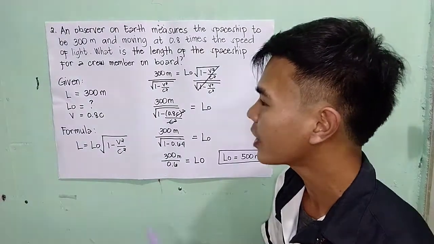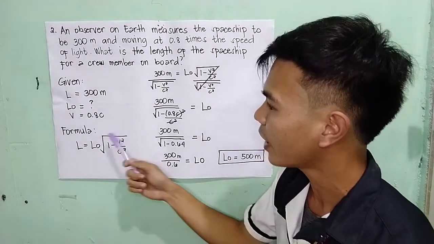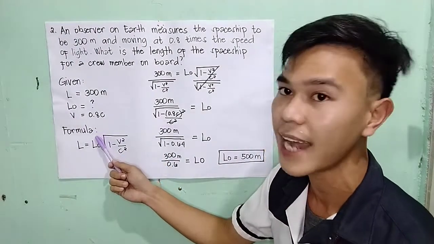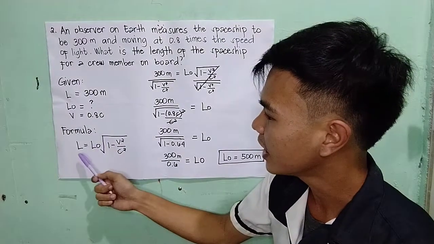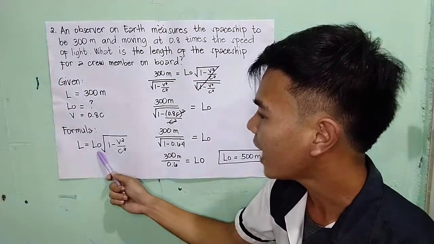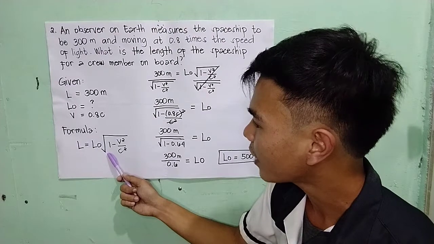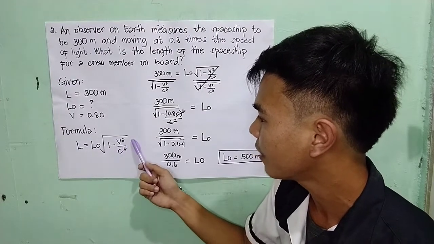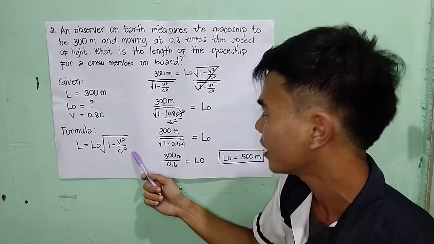To find the value of L naught, we are going to use the formula for length contraction, which is L is equal to L naught times the square root of 1 minus V squared over C squared.